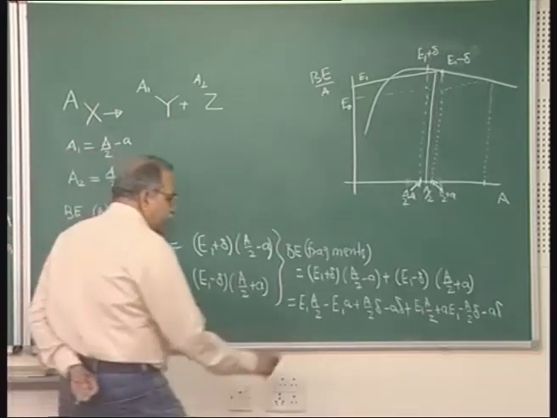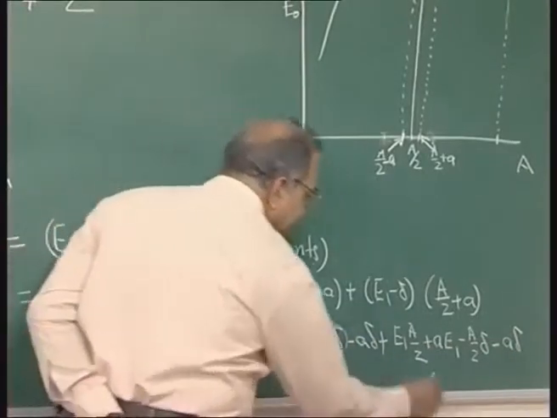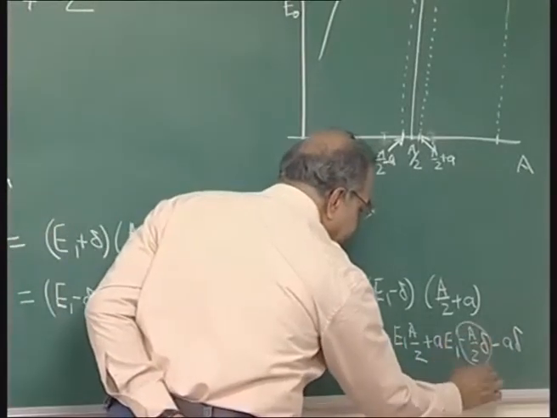Now, this A by 2 delta here, plus A by 2 delta here and minus A by 2 delta here, they will cancel out.